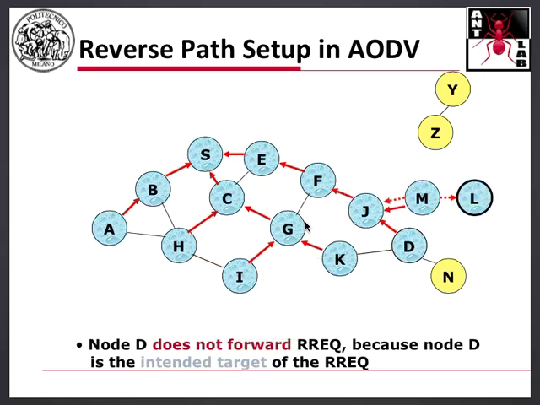Obviously, since this is the destination of this route request, it just refrains from broadcasting the route request again, and just sets up the reverse path towards J. Again, the reverse path is set up towards the best node, or better, using the best reverse path possible, according to this metric we will see in the next future.